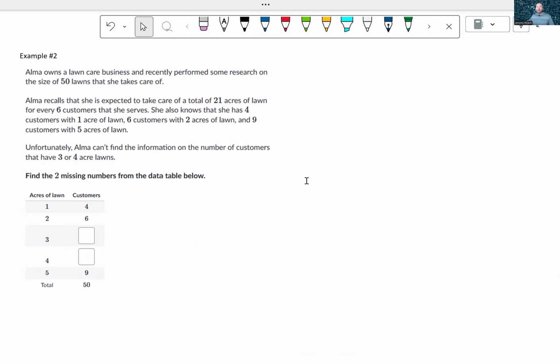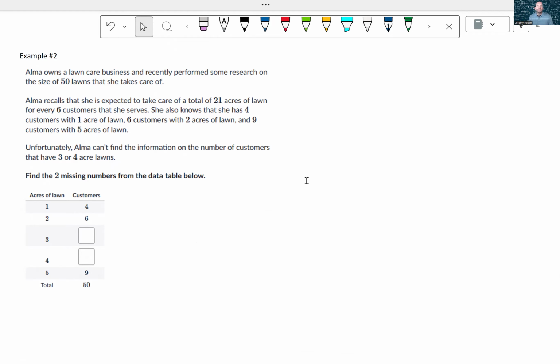So this problem is about somebody who owns a lawn care business, and they researched the size of 50 different lawns. This person, Alma, remembers that she's expected to take care of 21 acres of lawn for every 6 customers that she receives.